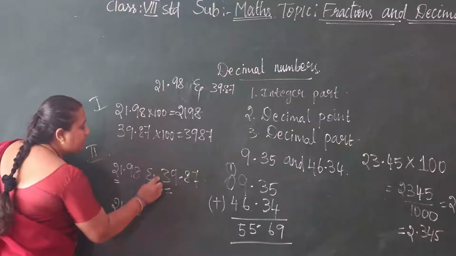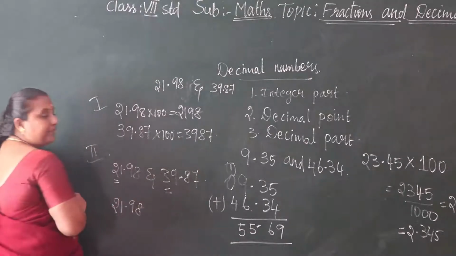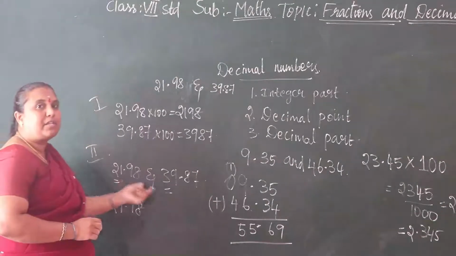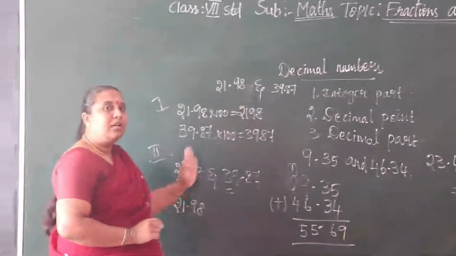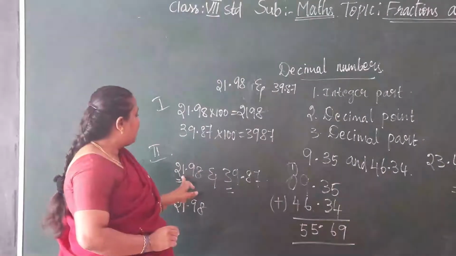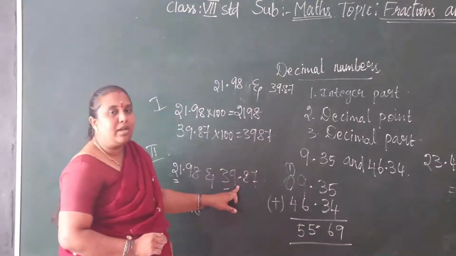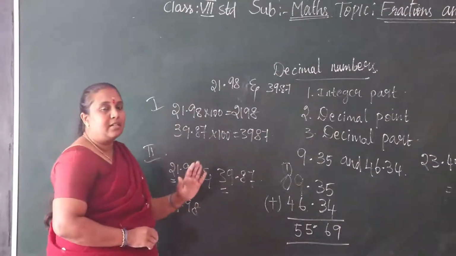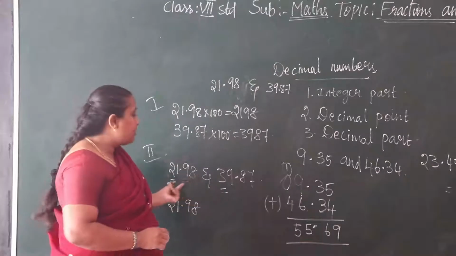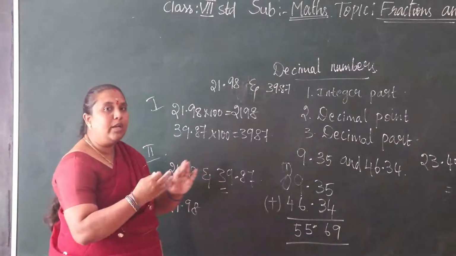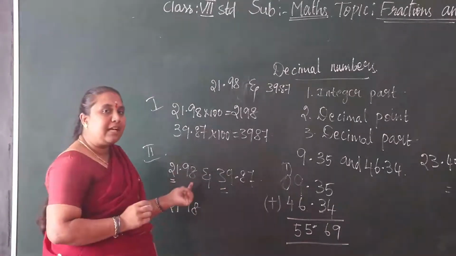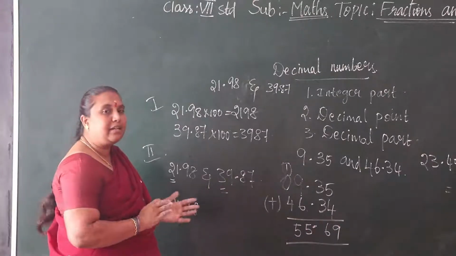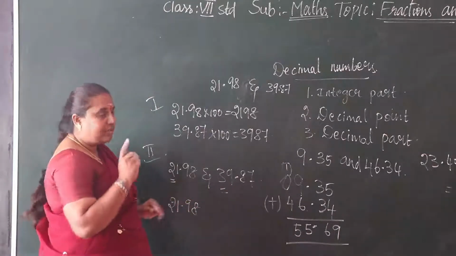If the first digits of the two numbers are the same, we move on to the next digit. Here 1 and 9: 1 is less than 9. So if both first digits are the same, we move on to the second digit. If the first digits are different, we compare by the first digit itself.